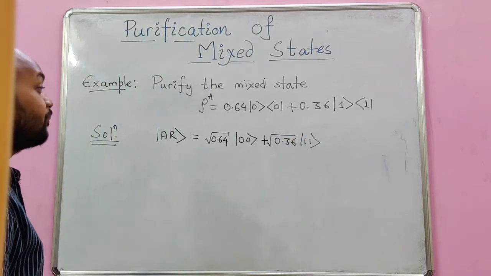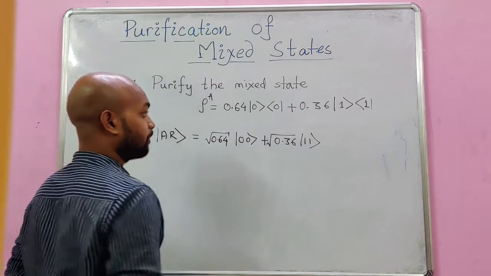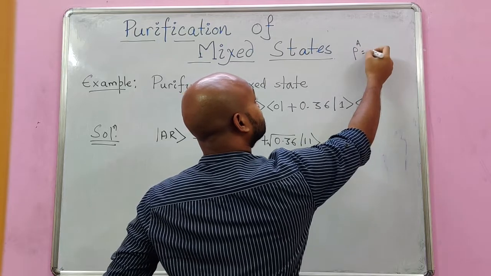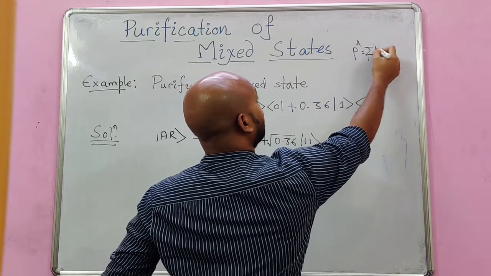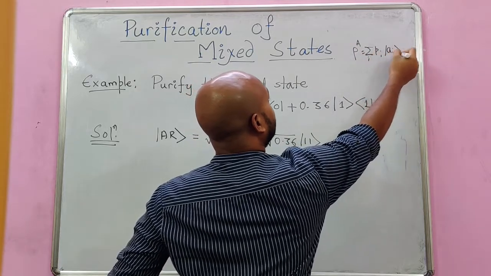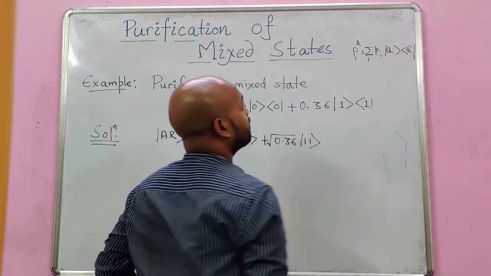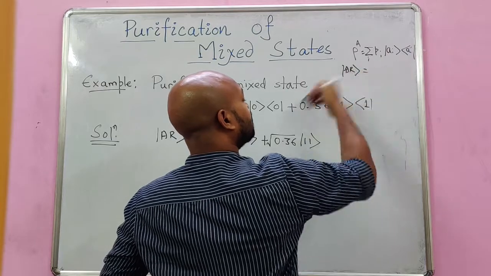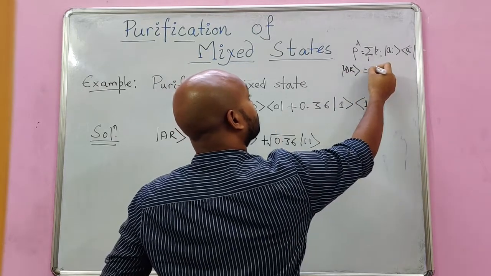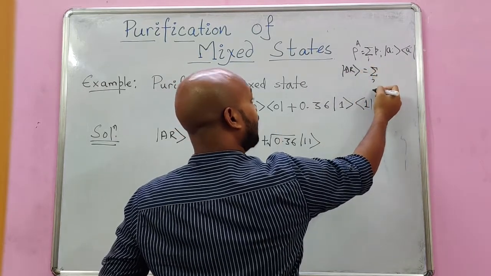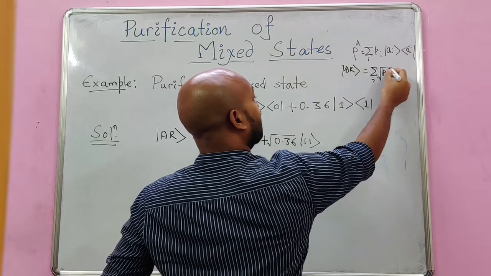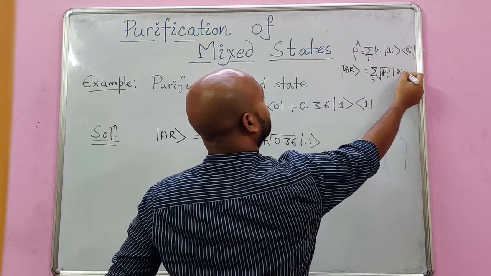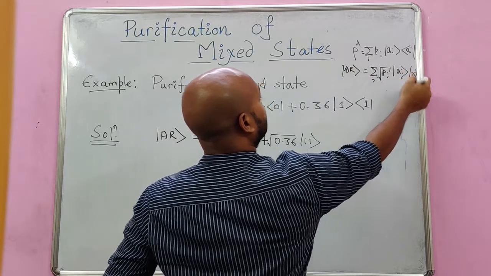I would just like to repeat here, why did I do this? I do this because as per the formalism, rho A was summation over i of p_i |i><i|, right? And the pure state that I took was summation over i of square root of p_i |i>_A |i>_R.